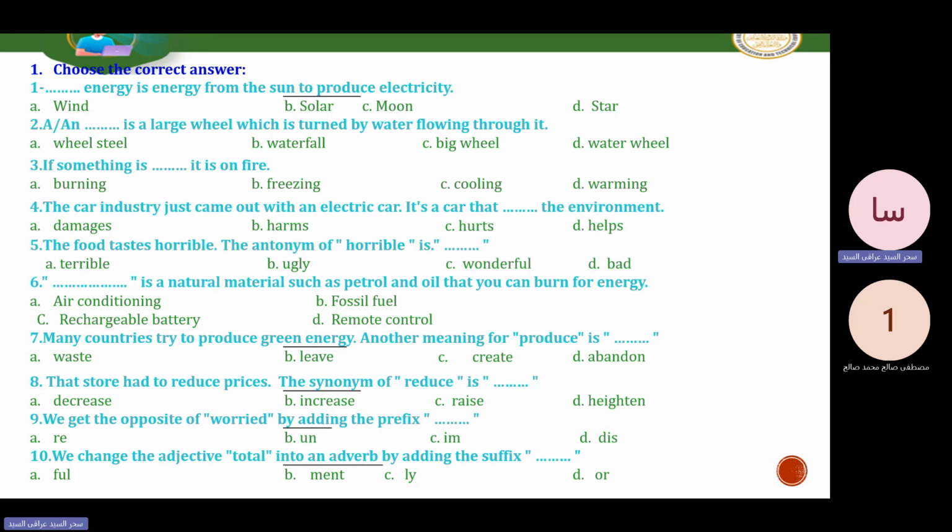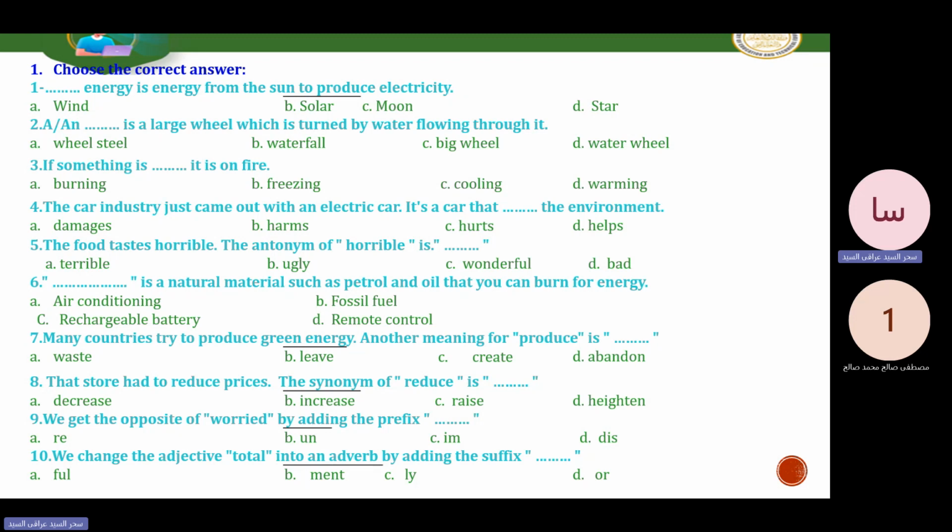The synonym of reduce is what? Decrease, increase, raise, or heighten. We get the opposite of the word worried by adding the prefix re, un, m, or dis. The last one, we change the adjective total into an adverb by adding the suffix full, ment, or ly.